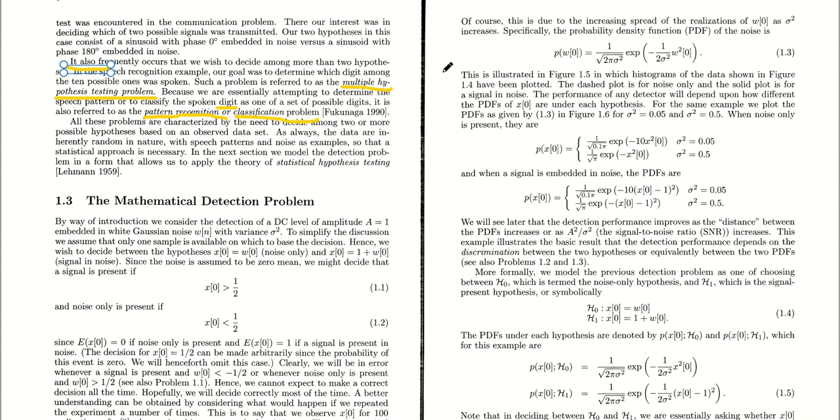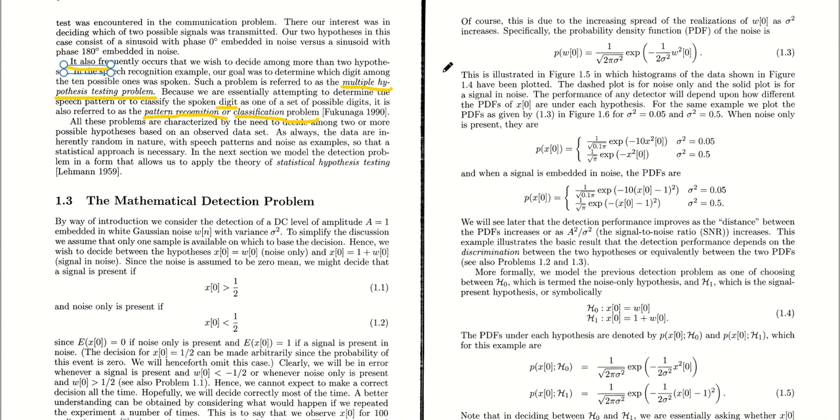Okay, it's a kind of the same thing, the same mathematical structure in different kinds of domains. Sometimes people call it pattern recognition. Sometimes people call it classification. But no matter what, it is the same problem. You are deciding one of many.